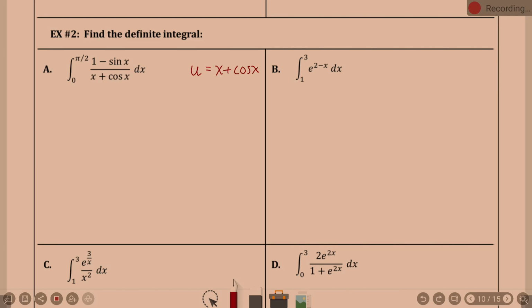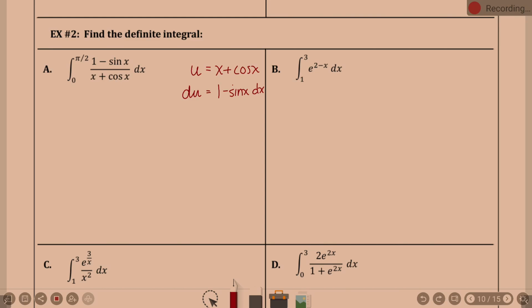Now, does this work out the way I want it to? The derivative of u is du. The derivative of x plus cosine x: the derivative of x is 1, the derivative of cosine x is negative sine x, and then, of course, dx.